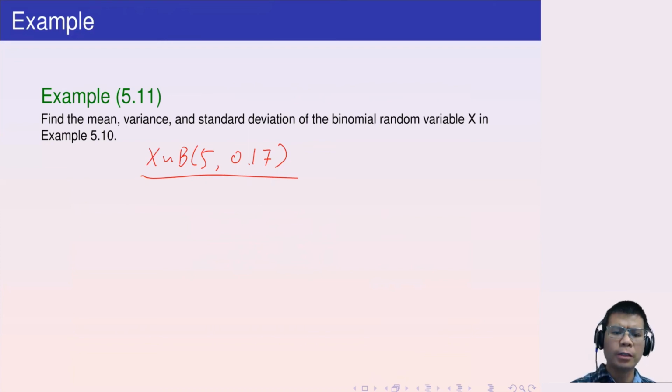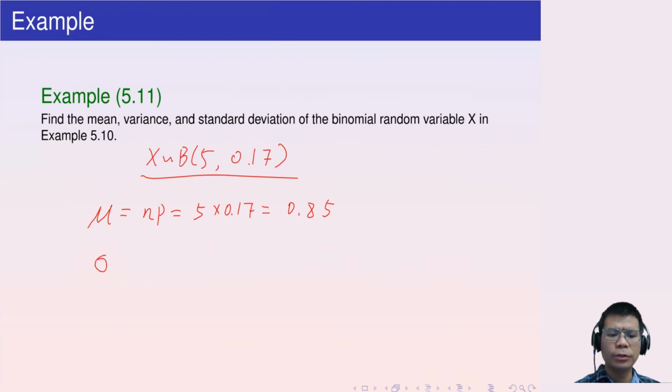Now we want to find the mean. Mean here is np, where n is 5, p is 0.17. So this is 0.85. You just multiply them together, and you get that.